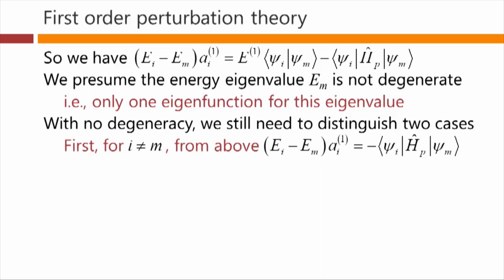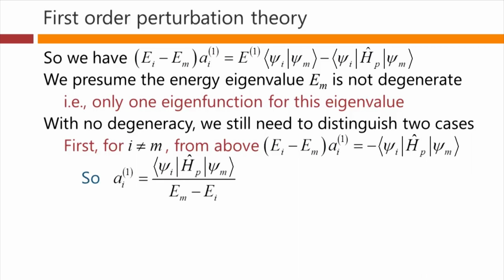First of all, if i is not equal to m, from this equation that we have here, since we're not looking at a degenerate case, ei is not equal to em. And so we can rewrite this equation right away, dividing on the right-hand side by ei minus em. So now we have an explicit formula for this expansion coefficient.